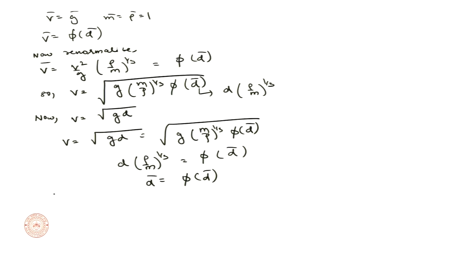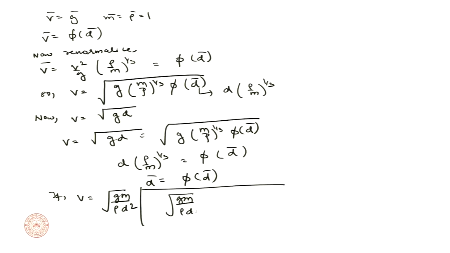Now, if our normalization basis is the velocity vector square root of g m by rho d square, then we can substitute this square root of g m by rho d square equal to square root of g m by rho to the power of 1 by 3 phi of d bar.